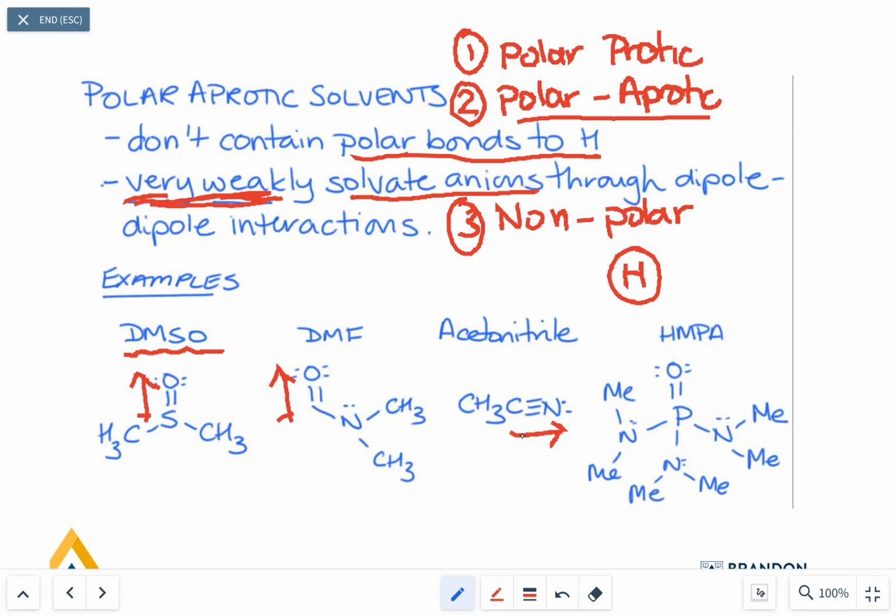Acetonitrile, this carbon's got a partial positive charge. And then HMPA, this guy's super toxic. It's not used very much anymore, but it's one of the most polar solvents. But DMSO, DMF, acetonitrile are all very common solvents that are both polar and don't contain any polar bonds to H, so they're aprotic.